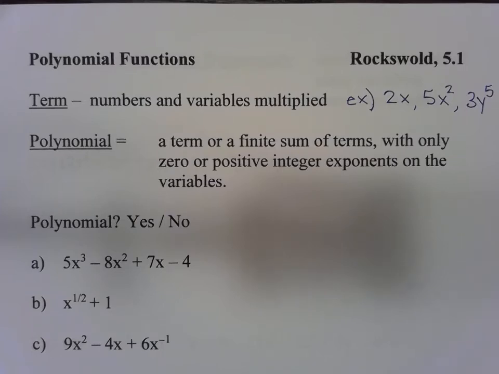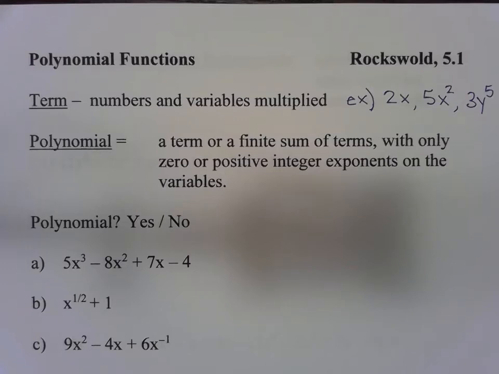No dot dot dots, even if there is a nice pattern. That would be an infinite sum. We would keep adding forever. And to be a polynomial, it needs to be finite, which means it comes to an end. Okay, and then to go on, it says with only 0 or positive integer exponents on the variables.